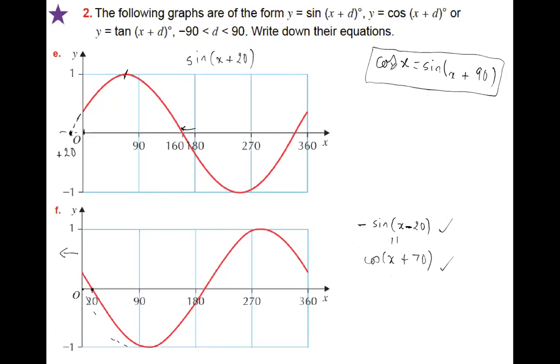Because of this, cos x is sine x plus 90. You can rewrite any cos in sine because cosine is the complement of a sine, and two complementary angles make 90.